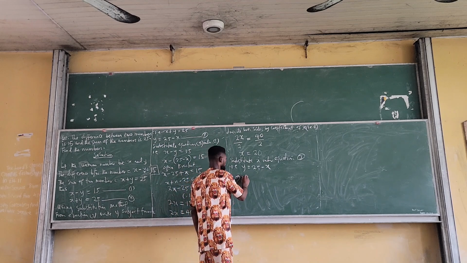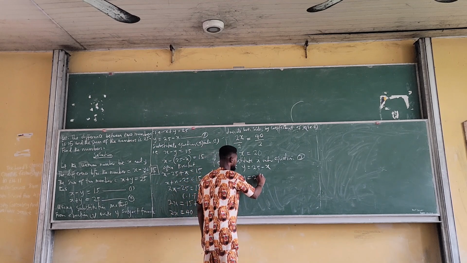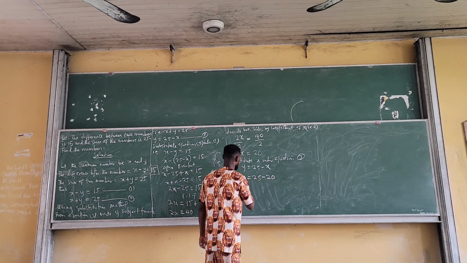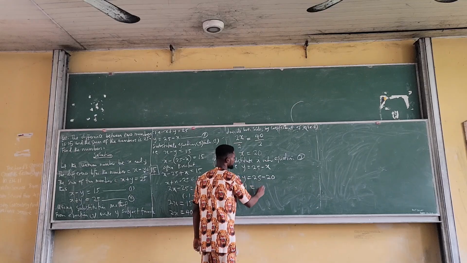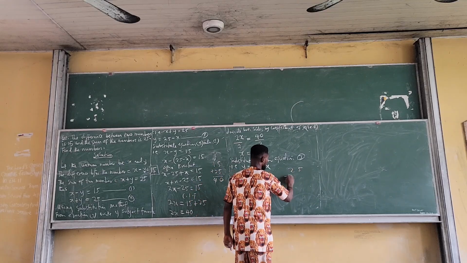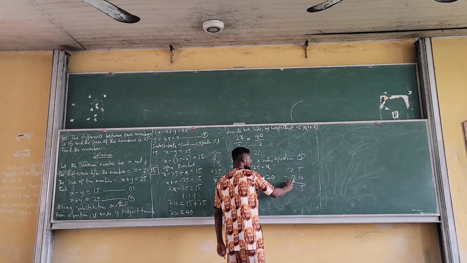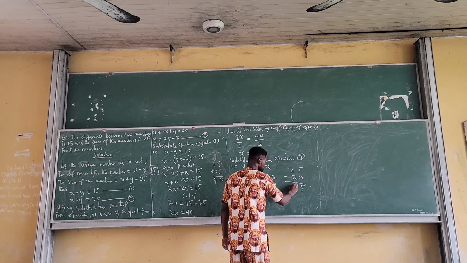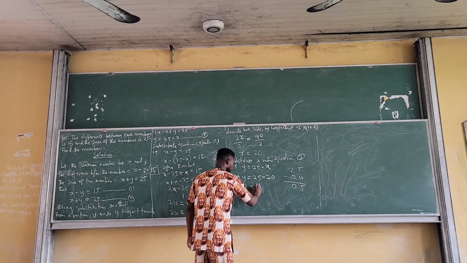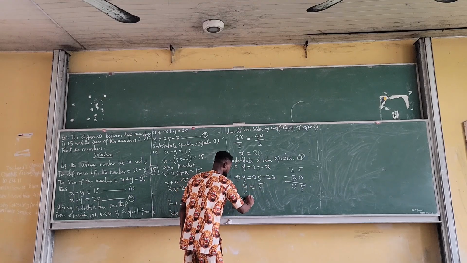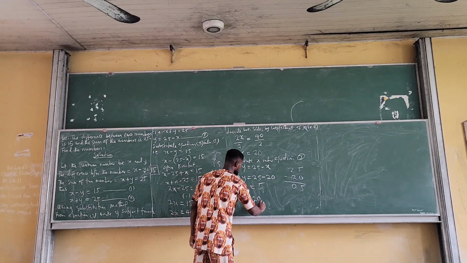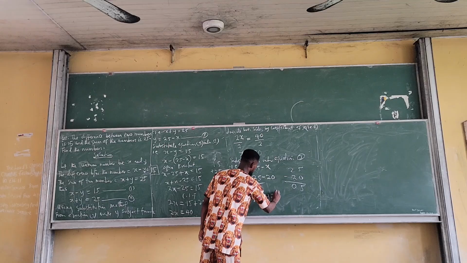Therefore, we have y equals 25 minus 20. 5 minus 0 gives you 5. 2 minus 2 gives you 0. So you have 5. Therefore, x is equal to 20 and y is equal to 5.